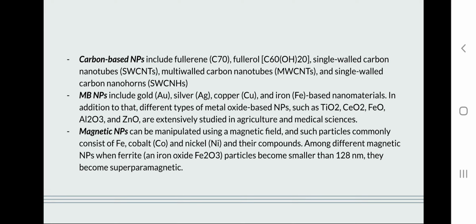Carbon based nanoparticles usually include fullerenes and fullerols. That is, fullerene has C70 and fullerol has C60. They also contain single-walled carbon nanotubes, multi-walled carbon nanotubes, and single-walled carbon nanohorns.